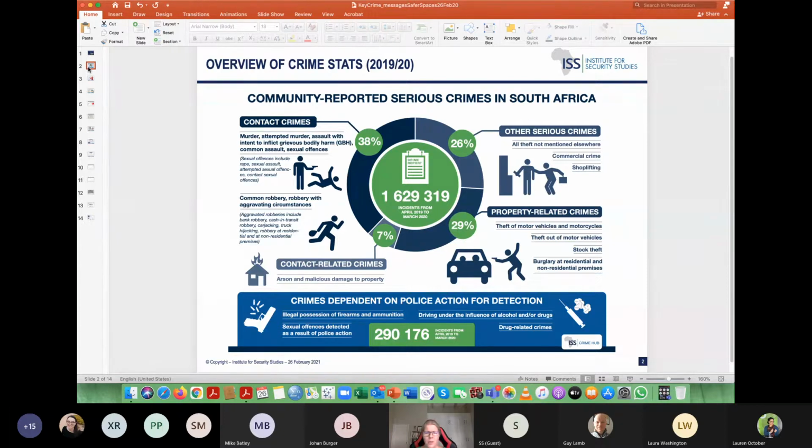The other crime category that I must make mention of is the crimes dependent on police action. Now, these are the roadblocks and the stop and searches and the raids that the police do. That's almost 300,000 a year. And we've seen some significant decreases in these type of crimes for the most part because of the Constitutional Court ruling on marijuana.